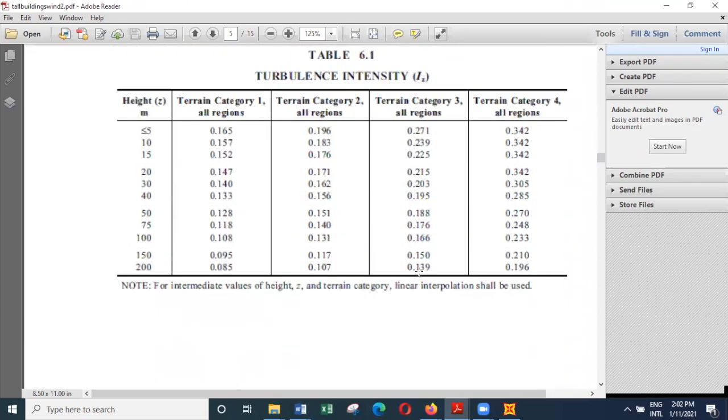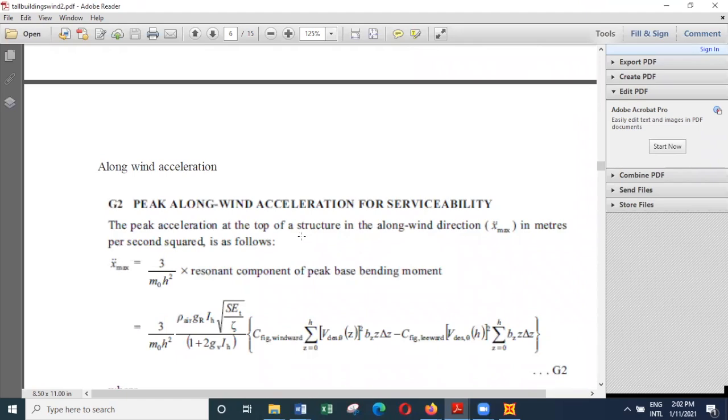We can also calculate the acceleration in the along-wind direction, and there's a long equation. We'll see how this equation can be used to determine the acceleration in the x direction, or the windward direction.